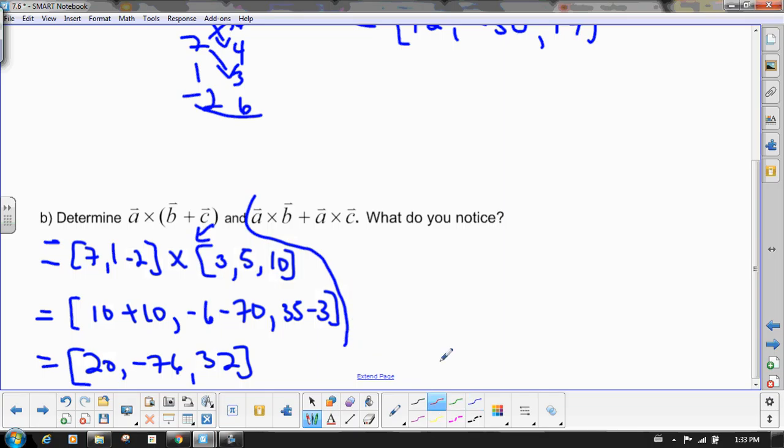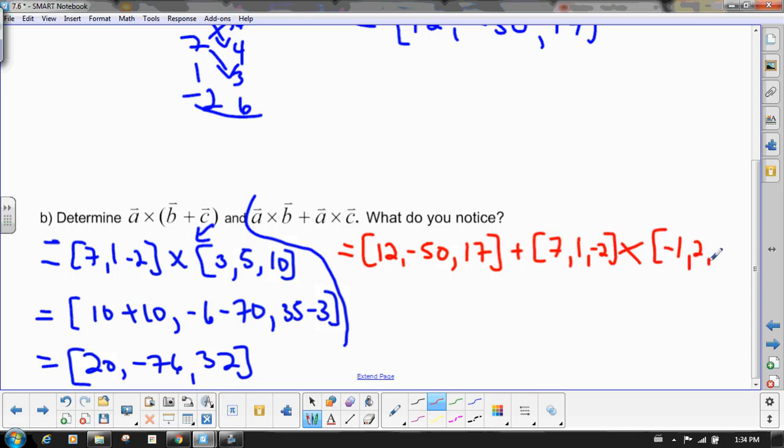Now, if I do the other part where I do A cross B and A cross C, I already did A cross B above, and I got 12, negative 50, and 17. So I'm going to add 7, 1, negative 2, cross with negative 1, 2, and 4.